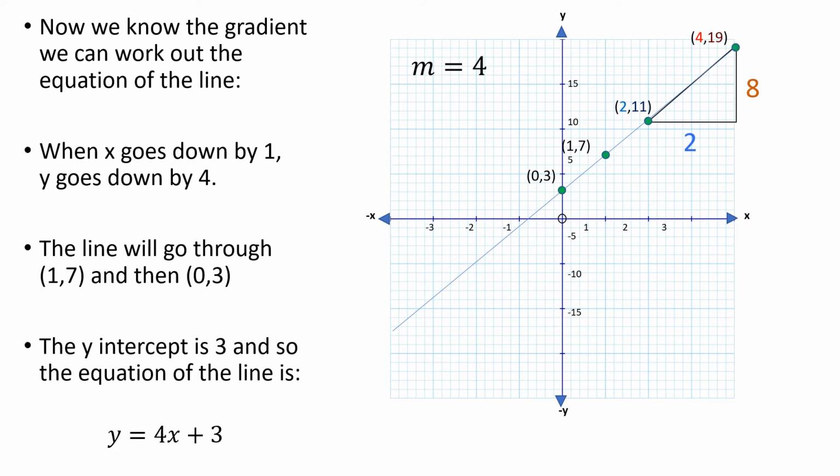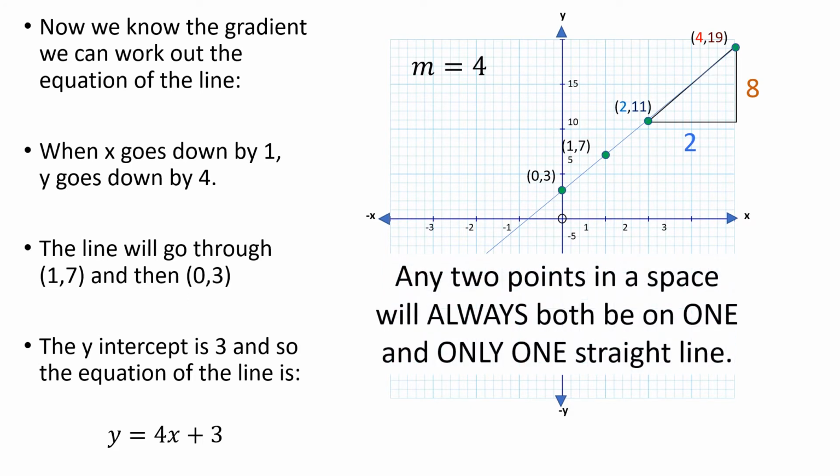It's worth noting that for any 2 points in space, they will always both be on one and only one straight line. Choose 2 points and there will be a straight line that they will both fall on. But equally, there will only be one straight line that they both fall on.